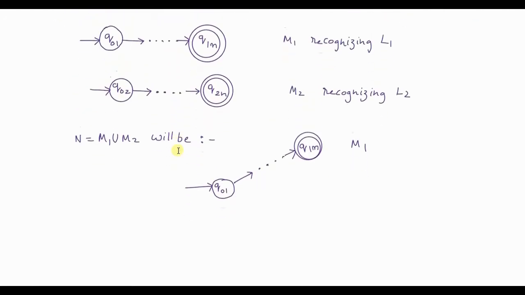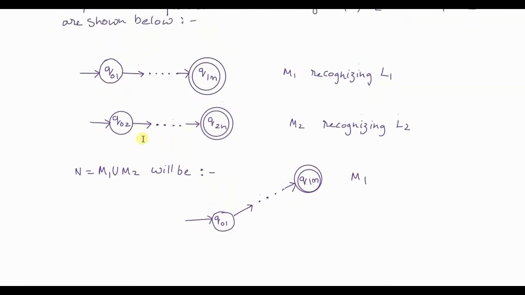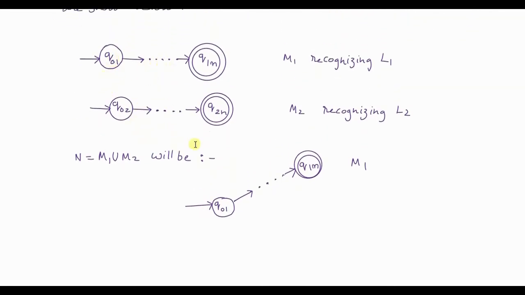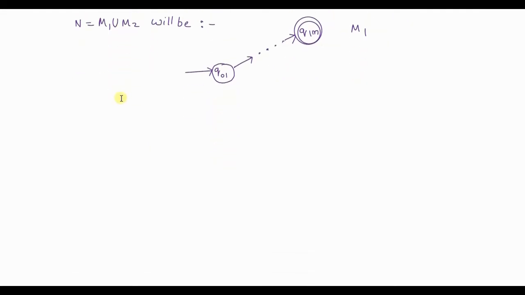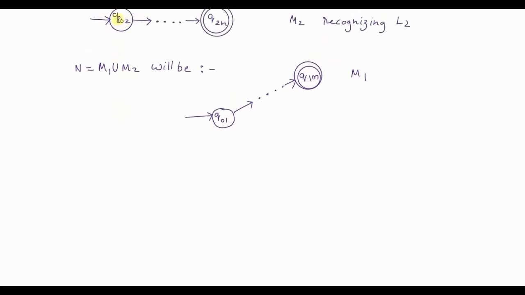So first all the states and transitions of M1 are added, then I am going to add all the states and transitions of M2. M2's initial state is Q02, so I am going to add it here.